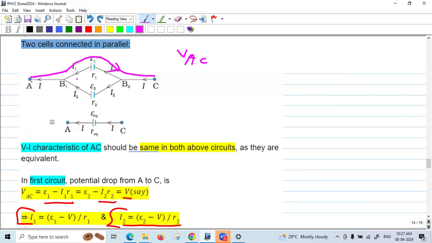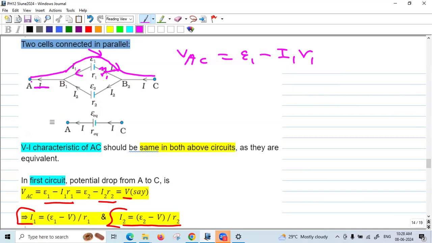So the drop V_AC along this first path is a drop of value E1 here, and I put the internal resistance R1 outside to make it clear. In this direction we are going against the direction of current, because the correct direction of I1 is towards the left, since the current leaves the positive terminal of the cell. Moving against the direction of current, it is a rise, so I have to put a negative sign: E1 minus I1 into R1.